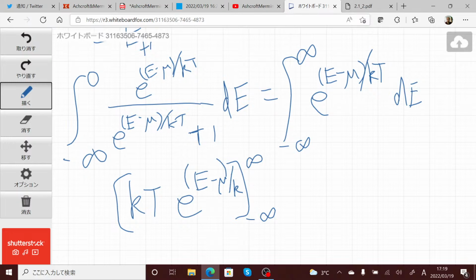Because if you differentiate, you have kt. Okay, so this is correct, I think. It's 0.